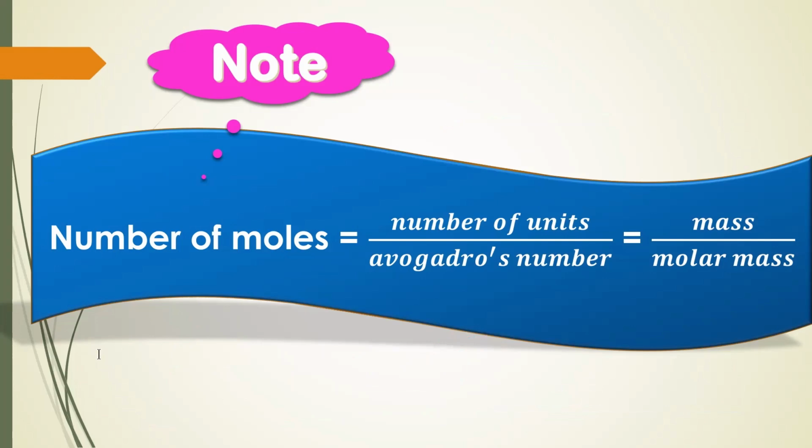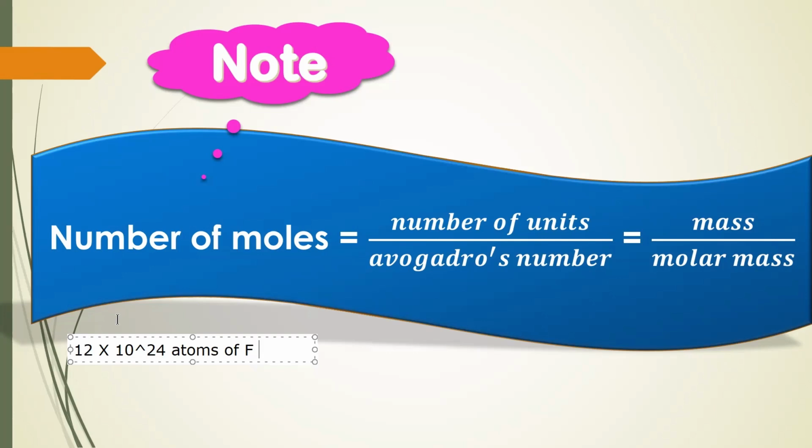If we want to calculate the number of moles that exist in 12 times 10 to the power 24 atoms of chlorine element.